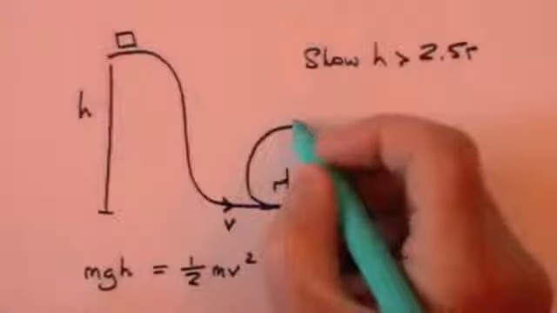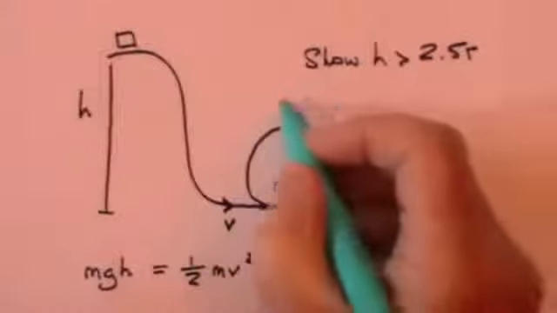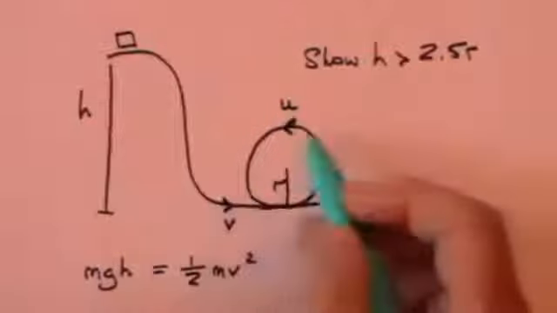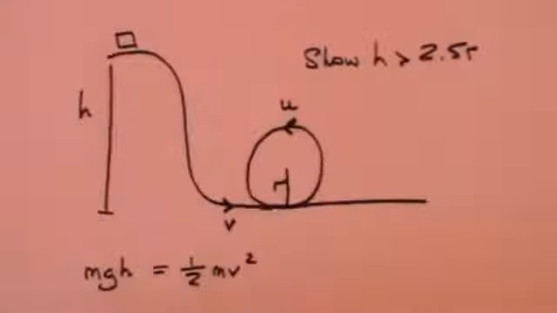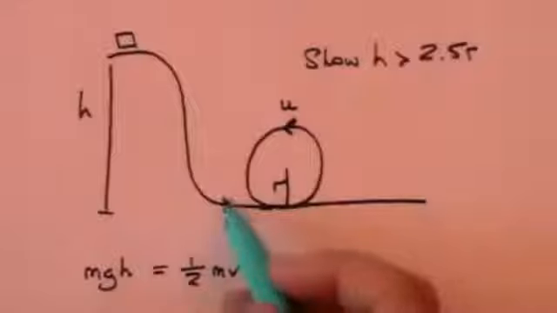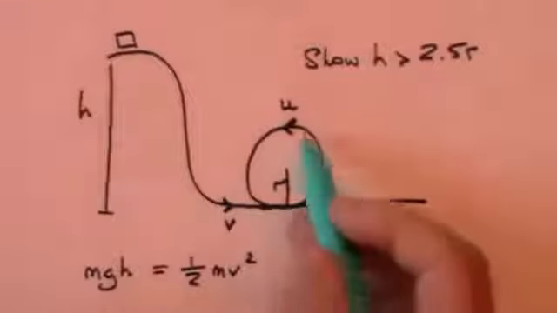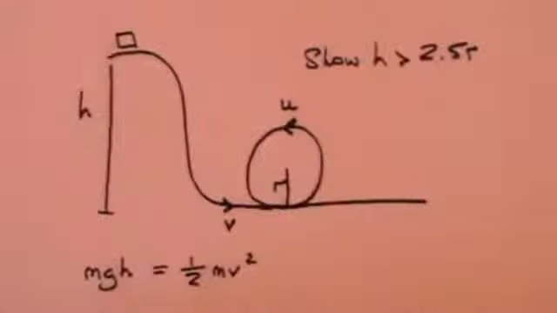Let's suppose that when the car is coming round the loop, it is travelling at a velocity u. Obviously that will be less than v because some of the energy has been converted into potential energy. What is the condition for going round in that circle such that you don't fall off?